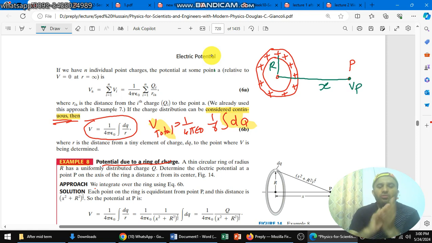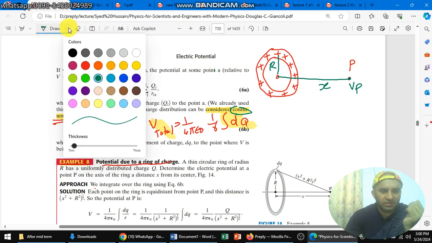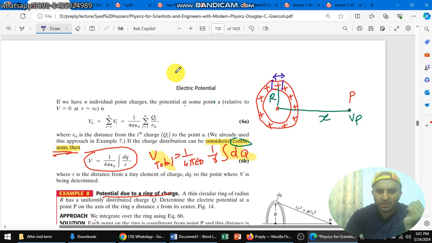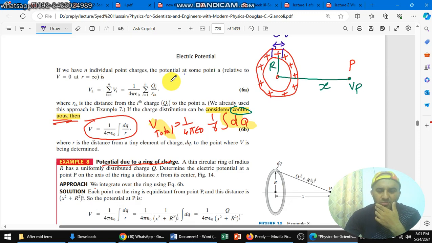Okay, so as the charges are distributed continuously on this surface, for the continuous charge distribution we divide this surface into very small length elements. Each length element has a small charge dq, and we need to find the total potential. So we use the formula V is equal to 1 over 4 pi epsilon naught, integral dq over r.